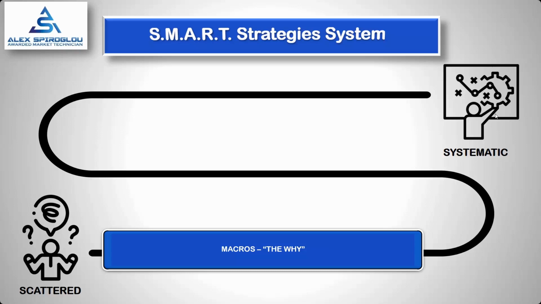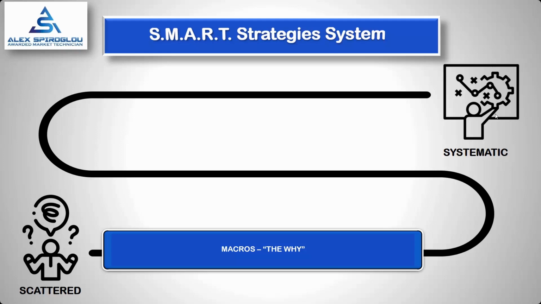First of all, I look at the macros, the fundamentals, which answer the question why. Macros are very important, because markets don't move because of charts and oscillators. They move because of macroeconomic and fundamental factors, and these answer the question why.